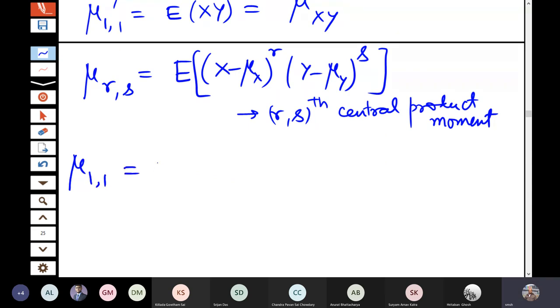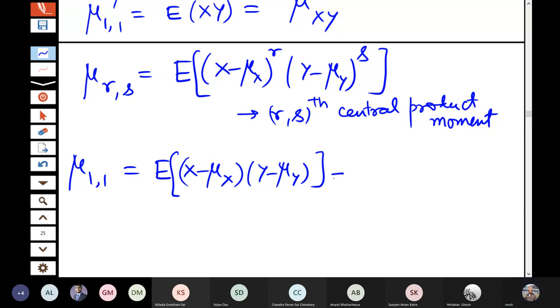Mu 1 1 is equal to the expectation of (x minus mu x)(y minus mu y). This is called the covariance between x and y. So the first central product moment is called the covariance between x and y.